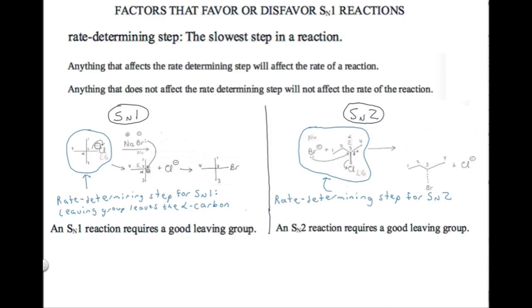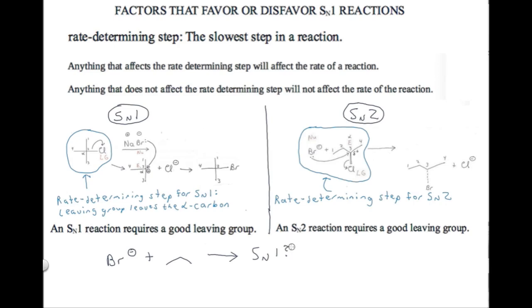For example, this reaction uses a neutral chlorine, which we know is a good leaving group. And this reaction, again, used a neutral chlorine, which again we know is a good leaving group. For example, pause the video and decide, can these starting materials carry out an SN1 reaction? Here's the answer.